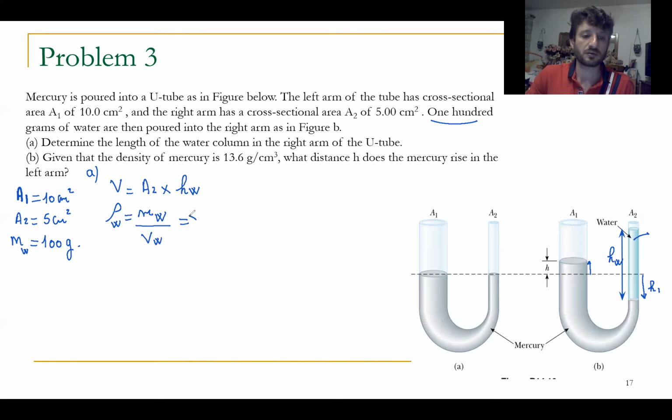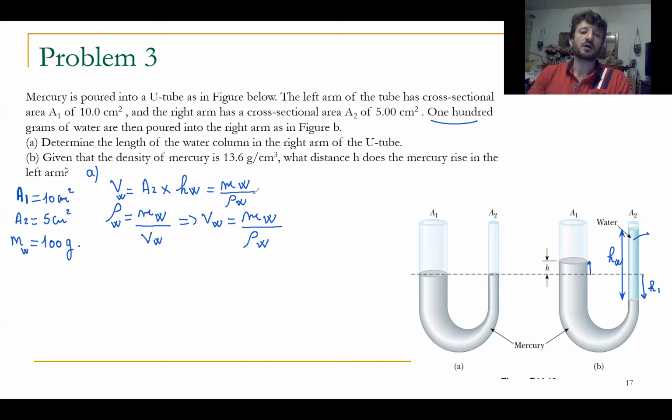So we can say the volume of water equals the mass per density. Here we can say it equals m water divided by the density of the water, which is equal to 1000 kilogram per meter cube, or 1 gram per centimeter cube.